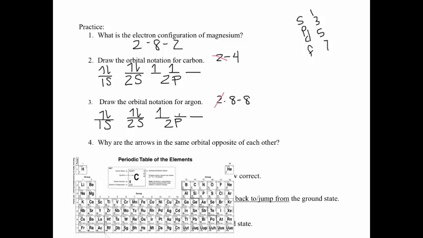And that's 3, 4, 5, 6, 7, and all 8 in the second are placed. We can move on to the third, again starting with s, 2 electrons, but we still need to place 6 more, so we need p, 3, 4, 5, 6, 7, 8, and we're done with that.